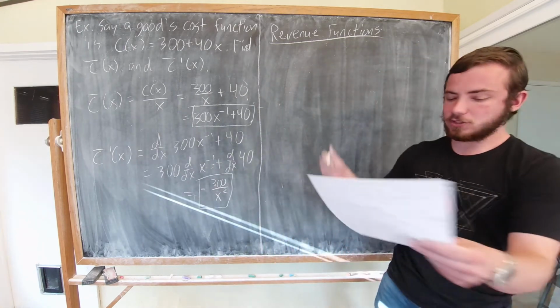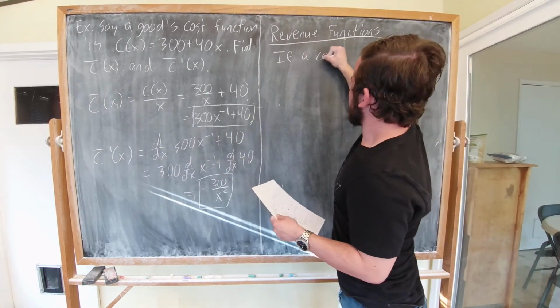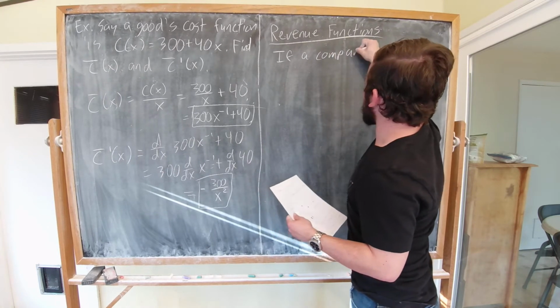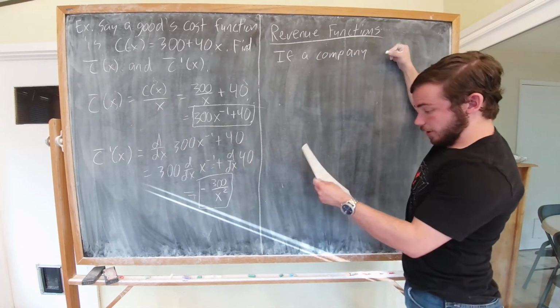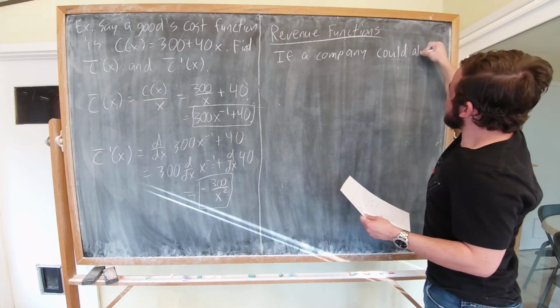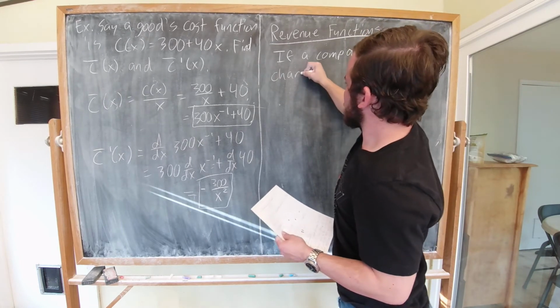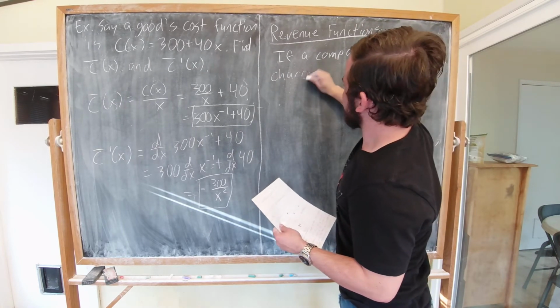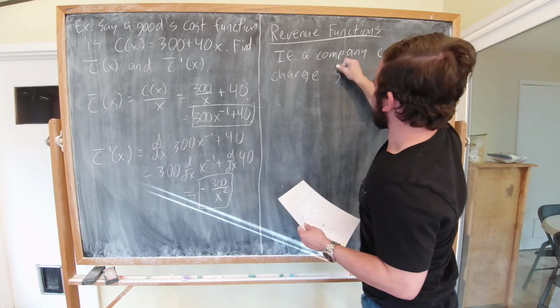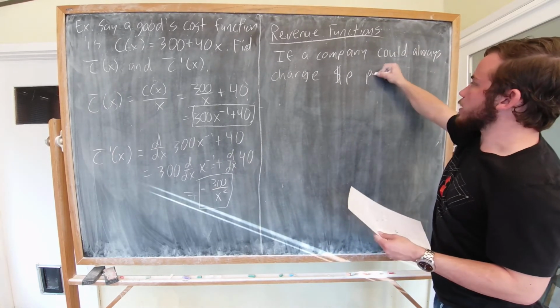But if a company could always charge the same price for their good, so let's say they could always charge P dollars per unit of their product.